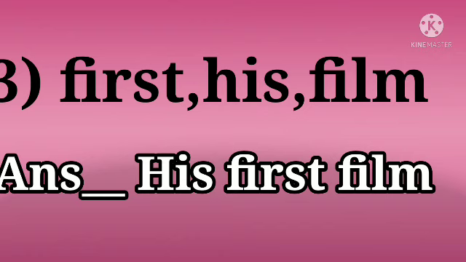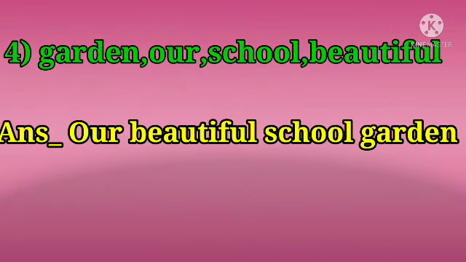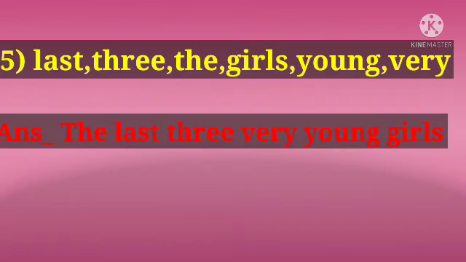First his film. What will be the answer? His first film. Garden, school, our, beautiful. Our beautiful school garden. Last three, the girls young very. The last three very young girls.